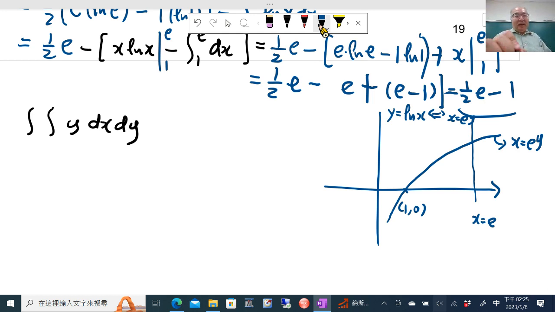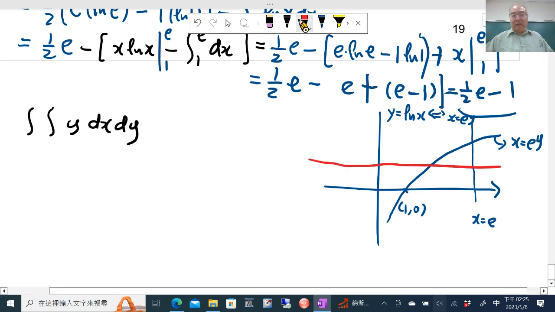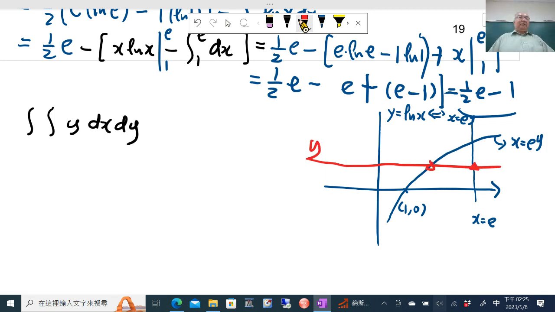Okay, and I'm fixing y, given y, x should be going from the left to the right. So x from e to the y to e. Okay, all right. And what range can y go through? Since here we have e to 1, y can be chosen from 0 to 1.